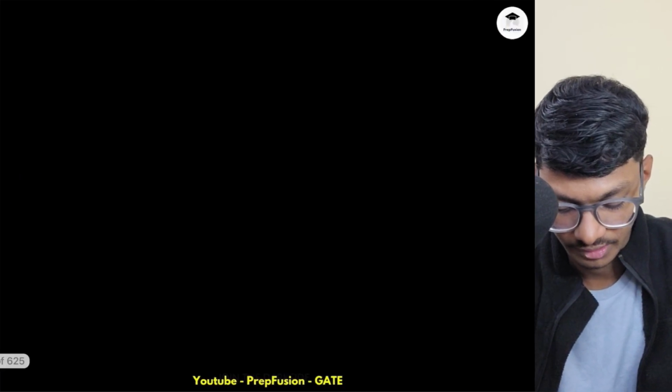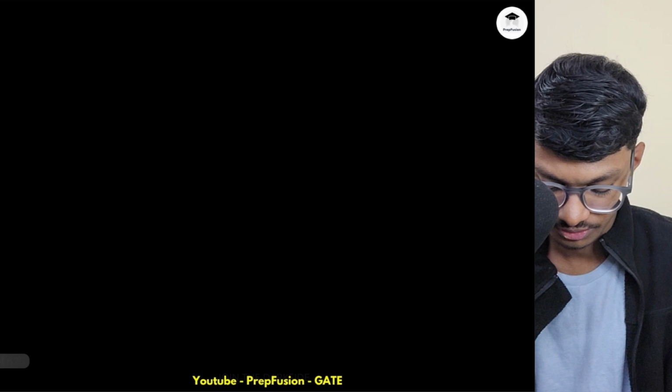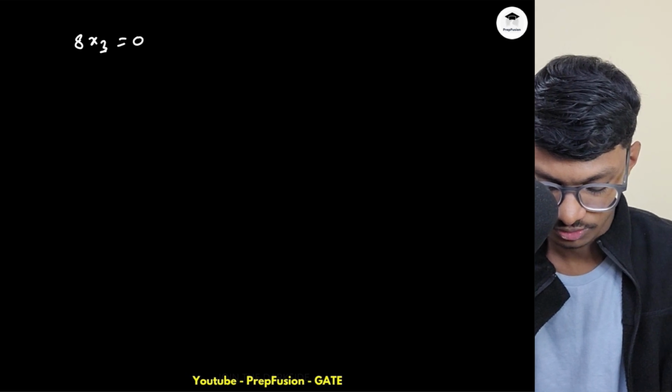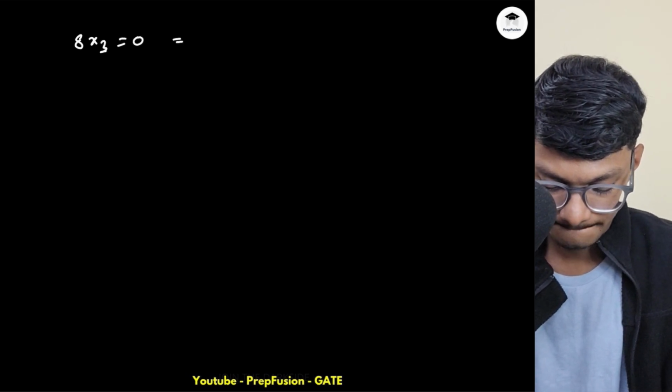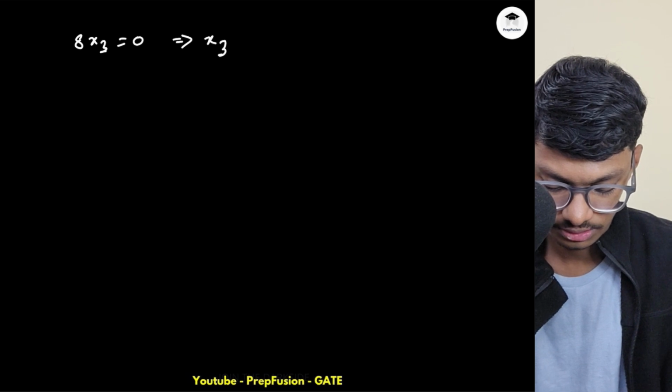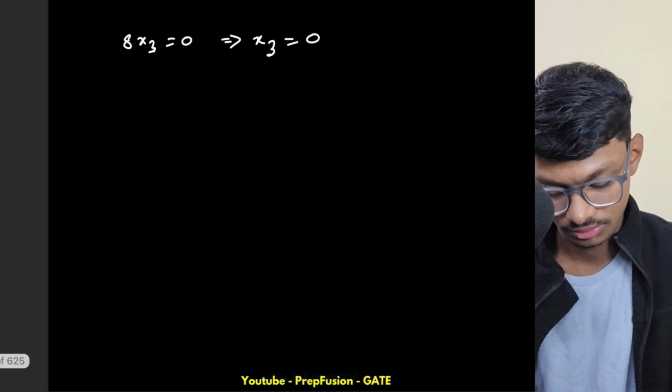What will be that free variable? Let me write the last equation: 8x3 equals 0, so x3 equals 0.